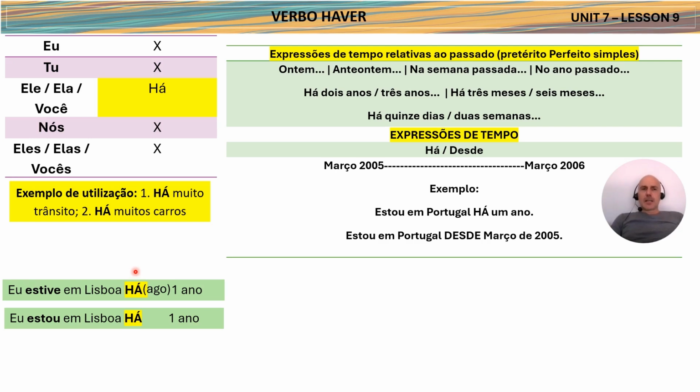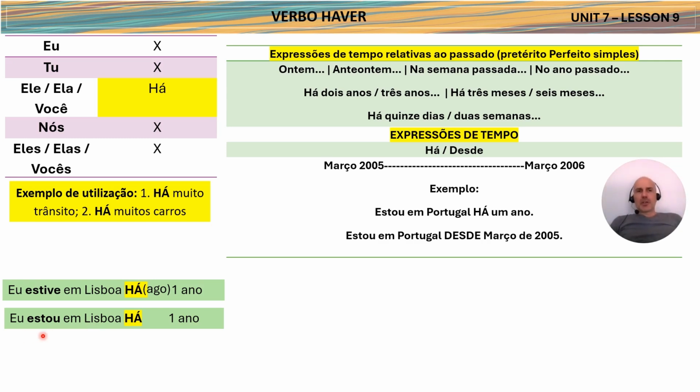If you're reading a sentence and you understand that we're using this as a time expression, and in that same sentence you can see a verb in the past, you will translate this like ago. Once again, word by word, this is I was in Lisbon 1 year ago, right? How about the second one? The second one is a little bit harder.